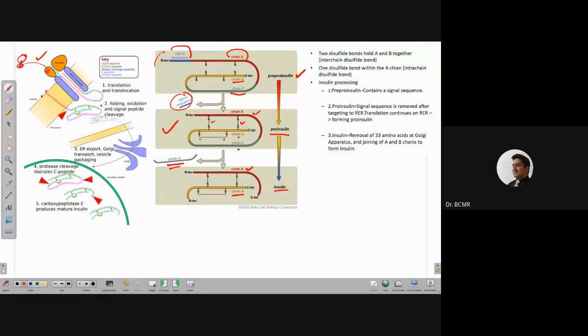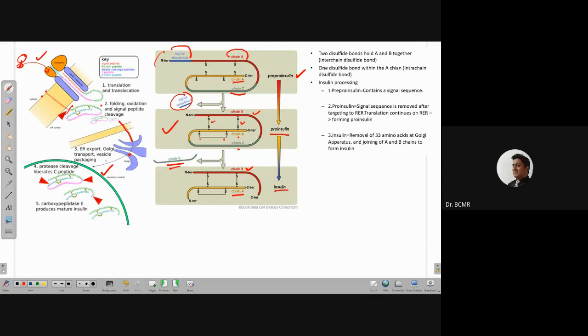And then it is folded up, and while it is being moved, there is one cut here, and that is where the signal sequence is lost. Then it moves from rough endoplasmic reticulum to the cis Golgi complex, and then towards the trans Golgi complex, and finally will form a vesicle.